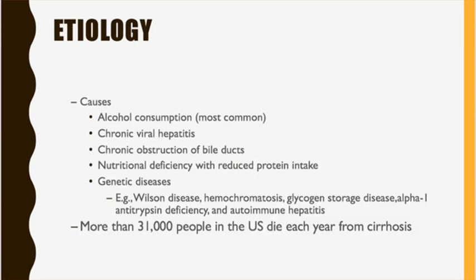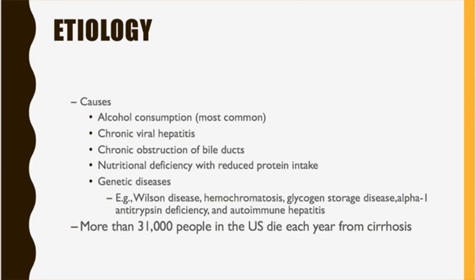Causes of cirrhosis: alcohol consumption is the number one cause. And then chronic viral hepatitis, chronic obstruction of the bile ducts, nutritional deficiencies with reduced protein intake, and then there's certain genetic diseases such as Wilson disease.